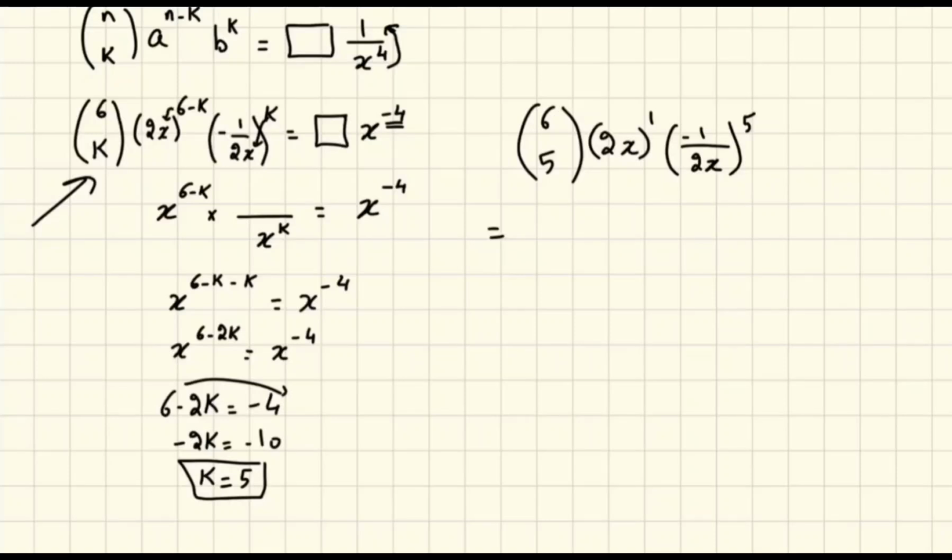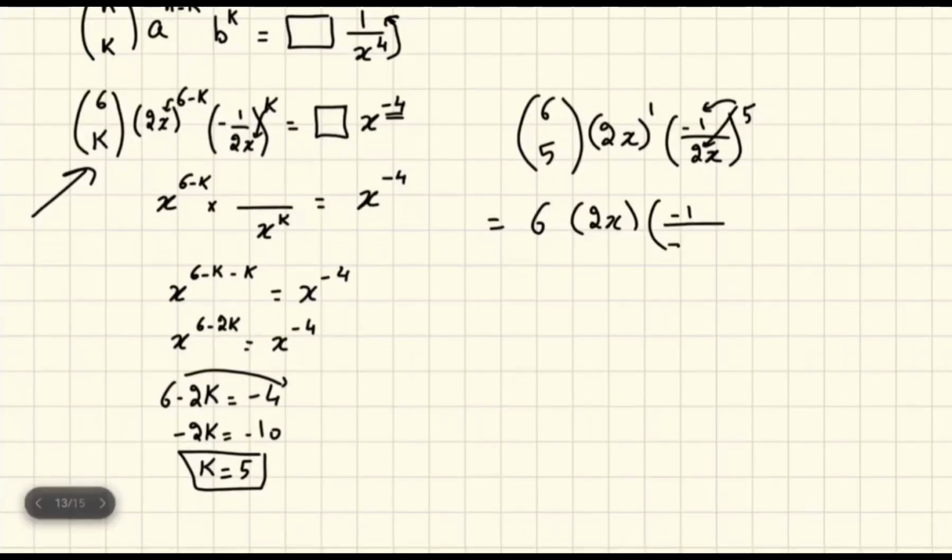Now we do the 6C5 on the calculator. When we do it on the calculator, we're going to get 6. 2x exponent 1 is just 2x. Minus 1 exponent 5 will be only negative 1 because 5 is odd. And then 2 exponent 5 will be 32, multiplied by x exponent 5.